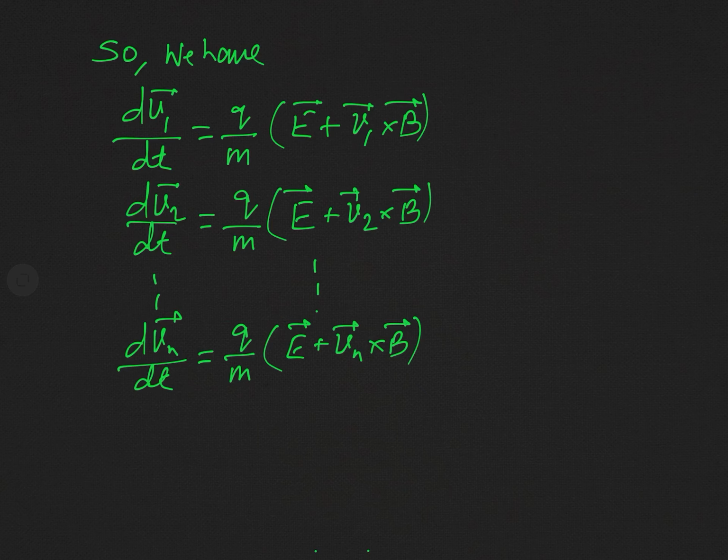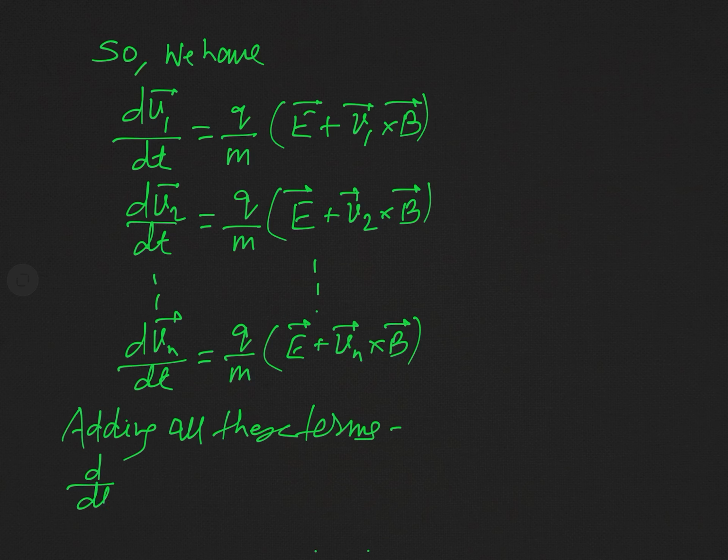Now we add all these terms. So adding all these terms, we can write it as d/dt of (V1 plus V2 plus so on plus Vn), and this will be equal to, see, Q over M can be taken as a common factor.